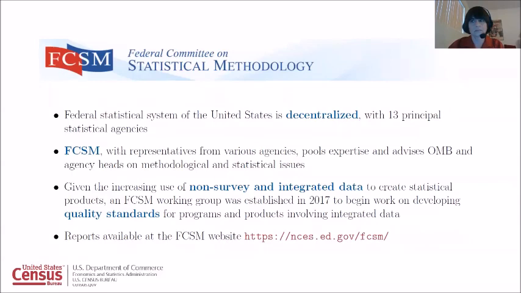The functions are spread across 13 principal statistical agencies and a number of others. FCSM is the group that has representation from the various agencies, which pools expertise and advises the agency heads and OMB on statistical issues. We are federal employees, and we work together to pool information.